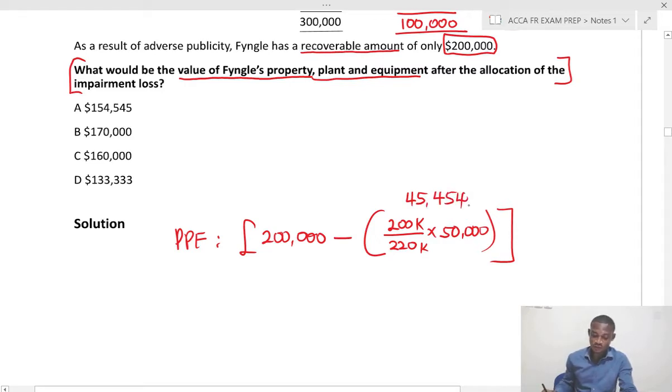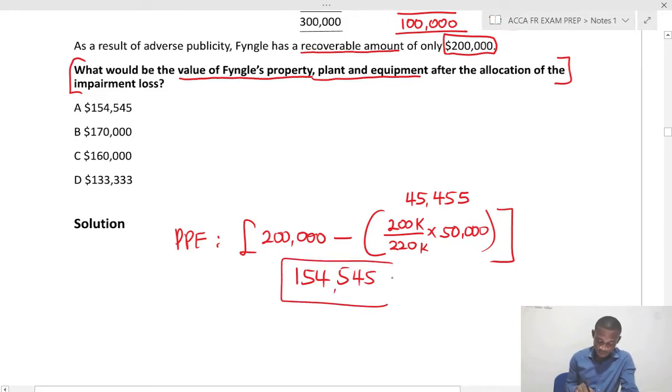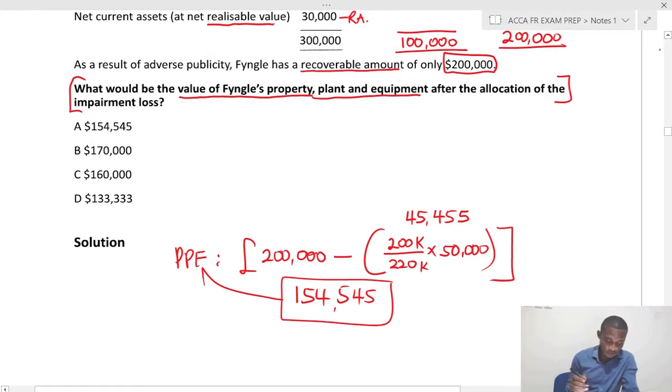That is the portion that will be allocated to the PP. Let me round it up to 45,455. So when you take this from 200,000, we have 154,545, and this should be the balance for PP. So the answer is option A.